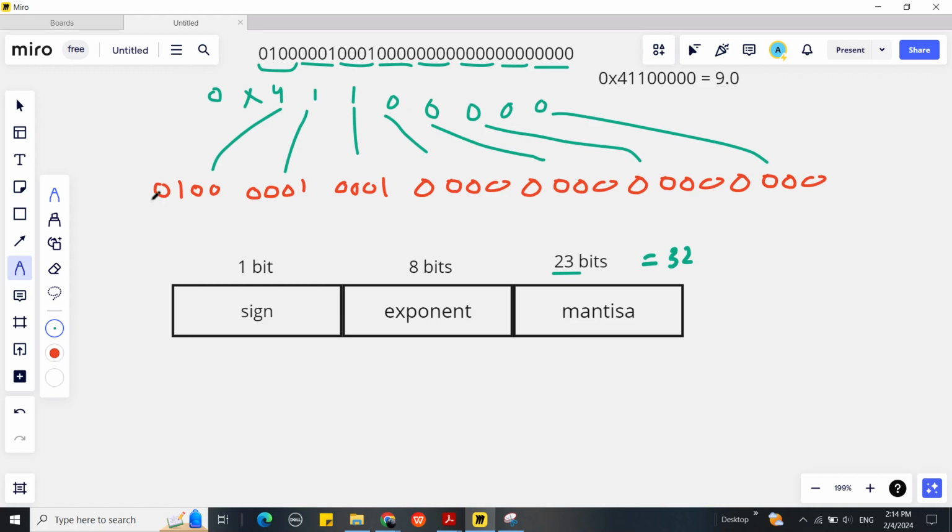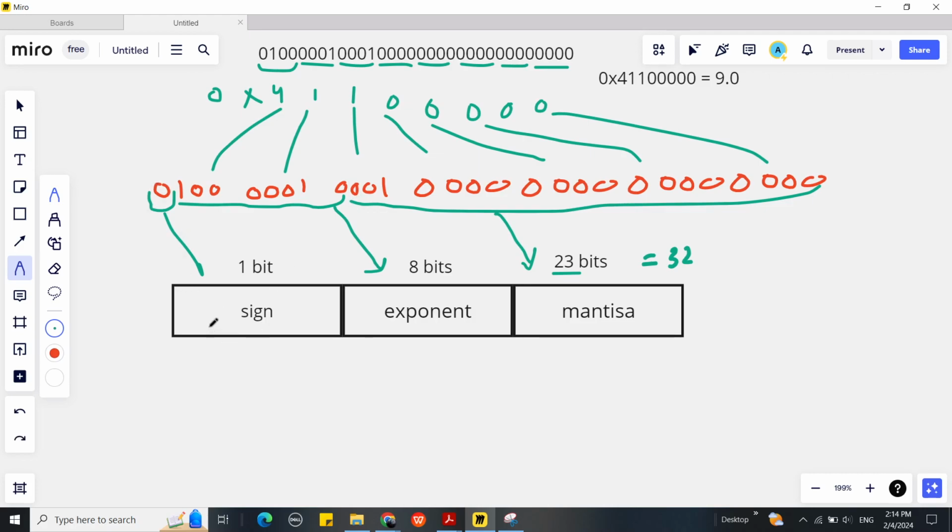The first bit is the sign, and the next 8 bits, 1 2 3 4 5 6 7 8, are going to be the exponent. All of this is going to be the mantissa, and that's it.